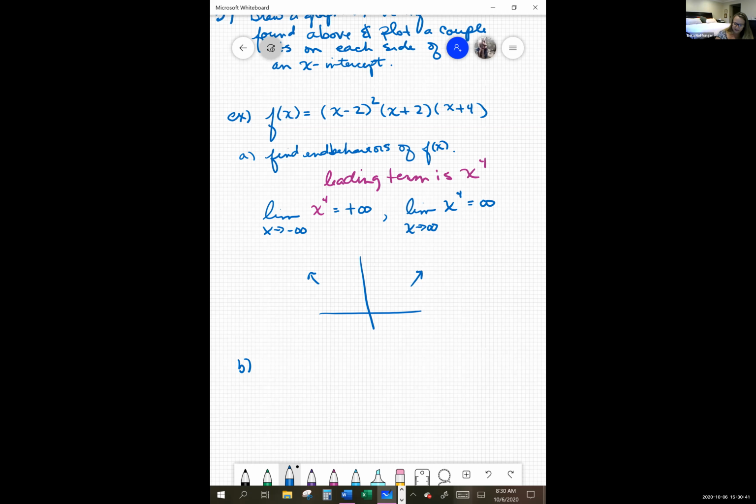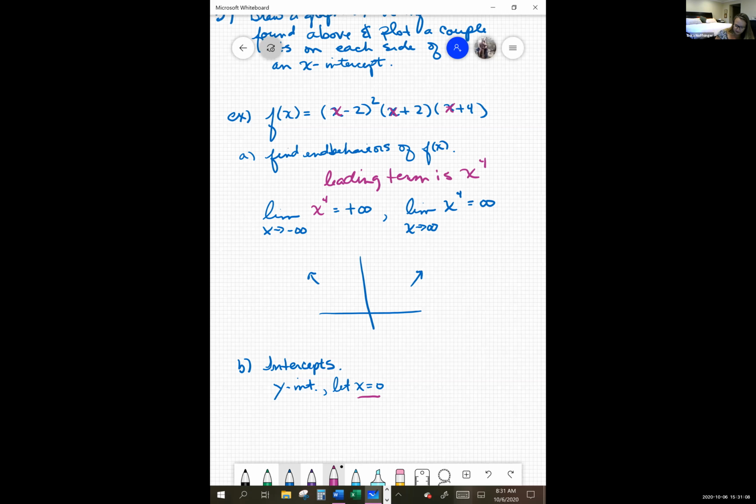So the intercepts. The y-intercept: let x equal 0. So if you go back in here, wherever you see an x, we plug in 0.